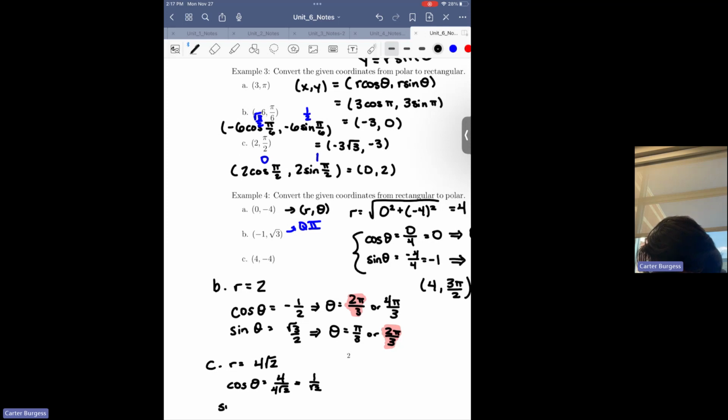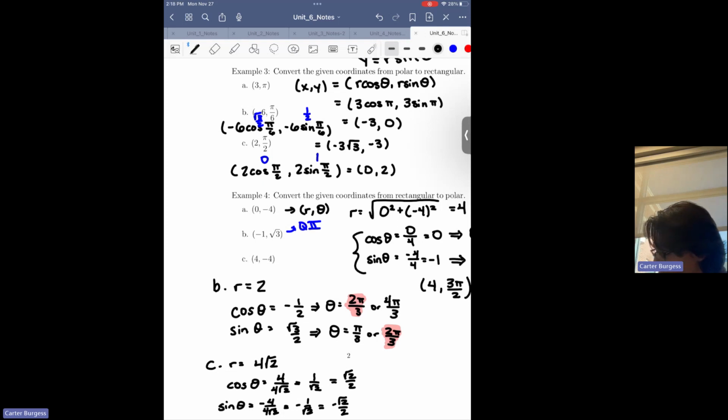I get that sine of theta is -4/4√2, which simplifies to -1/√2, which look very different starting with trig. What are these equivalent to, though? Yeah, this is the same as √2/2 and -√2/2.